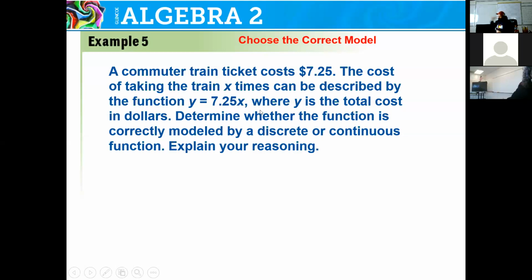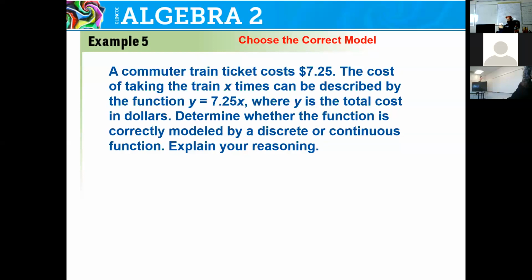But here's where we have to get conceptual. We have to think a little bit deeper. In any situation on a train, am I going to be able to ride it half? No. Each time I get on the train is one full ride. I can't ride the train 1.5 times, or 2.5 times, or 2 3/4 times.